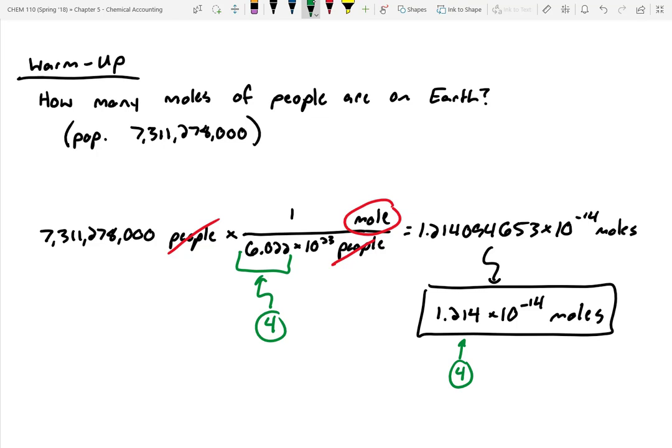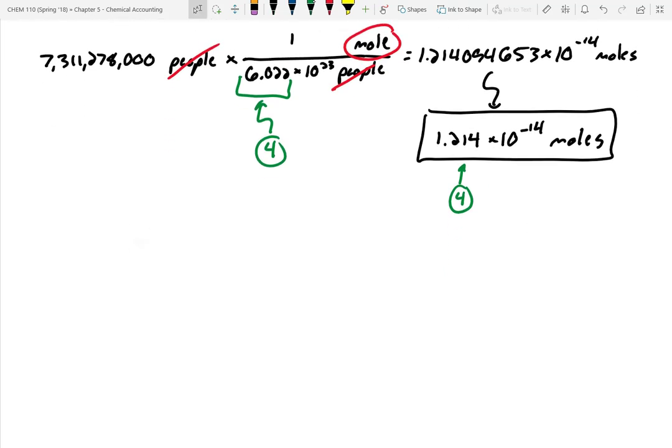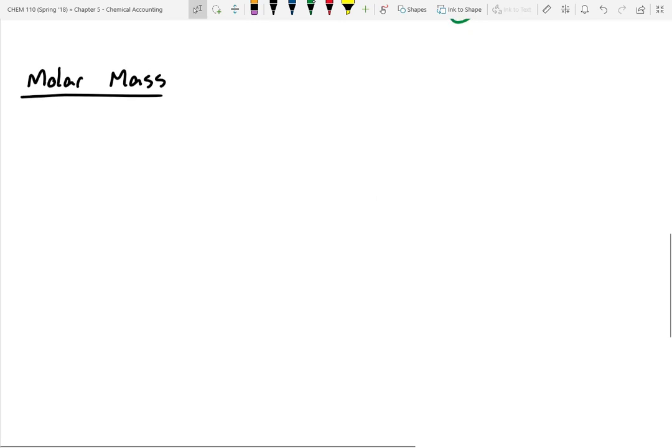Yeah. All right, so now what we need to do is relate this more to chemistry rather than people, because we don't really do this sort of stuff in chemistry. So in order to convert moles, we need to first know something called molar mass. And molar mass is used commonly in chemistry.